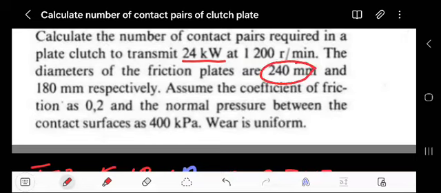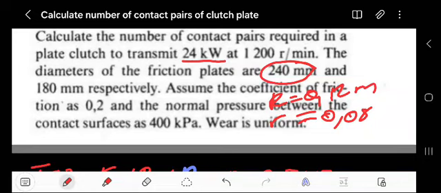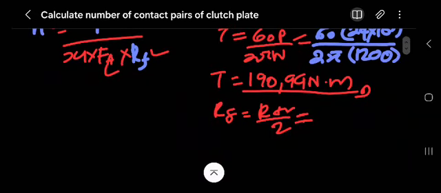We're given diameters, so we divide by 1000 and by 2, which gives 0.12 meters. Then the small r, 0.18 divided by 2, is 0.09.